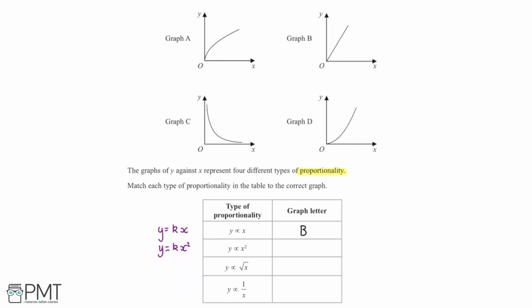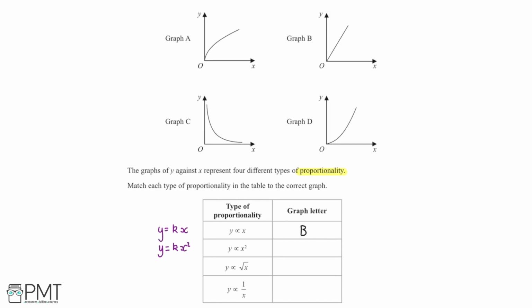Now we've got this squared term, so instantly I'm realising that we're working with a quadratic. Now this is going to be a positive quadratic because k is going to be a positive constant in this case.